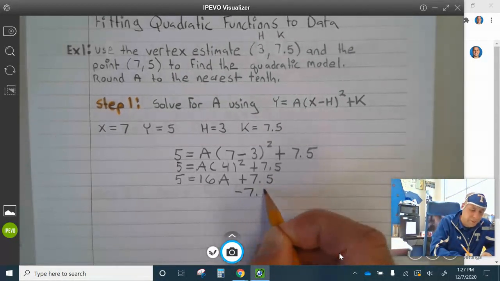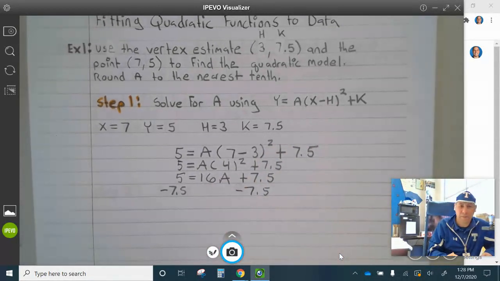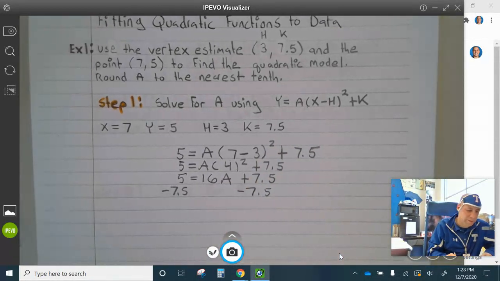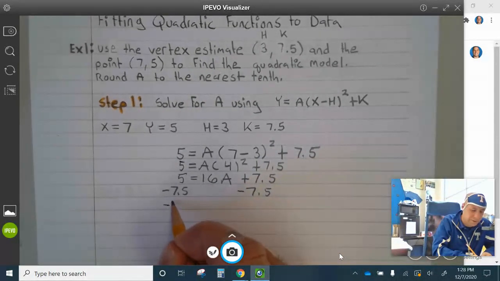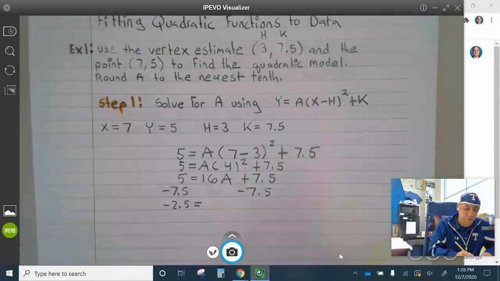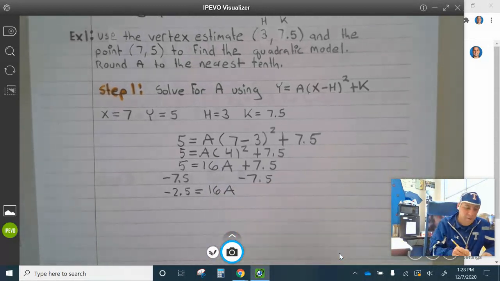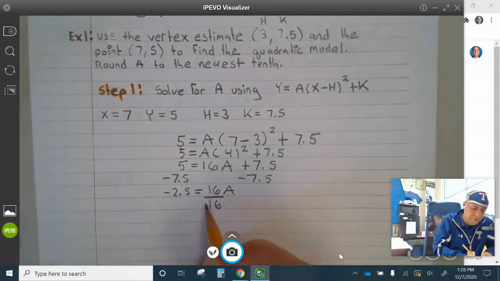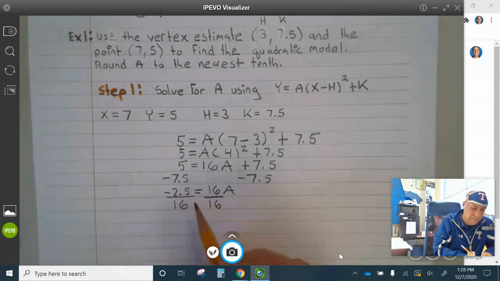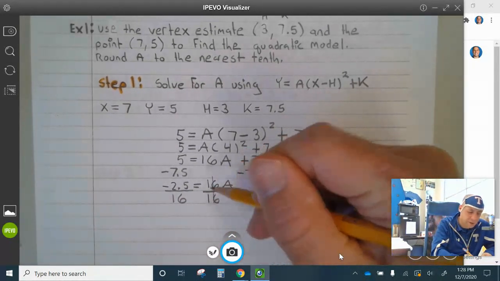Subtract 7.5 from both sides. 5 minus 7.5 is minus 2.5, which is equal to 16a. Divide both sides by 16. Anything divided by itself is 1.